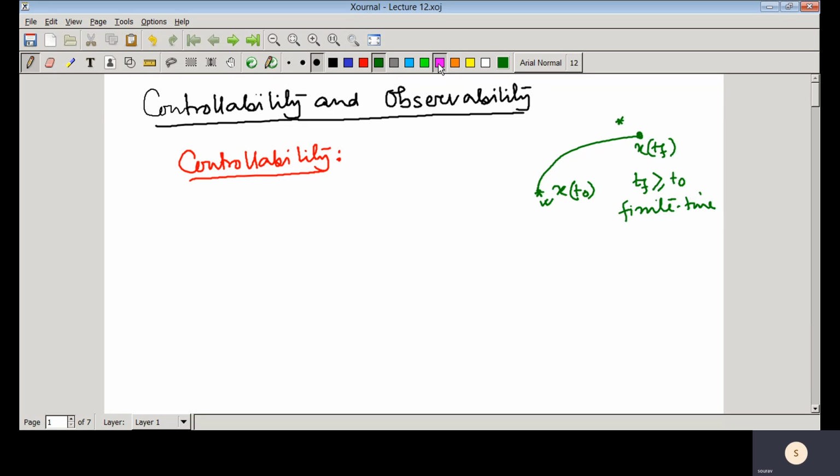Suppose you have, this is another one, that is tf dash. So it can be steered from here so that there exists one input. Then that state is called controllable. Now for a system, if all the states are controllable, then we say that the system is completely controllable. So controllability means there exists an input.